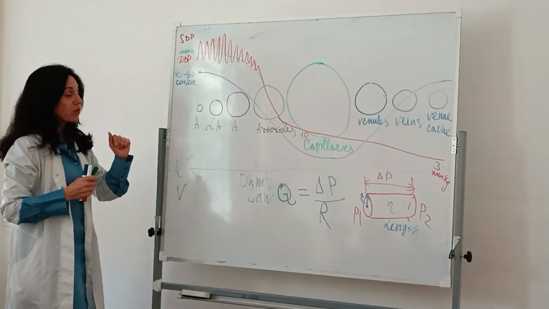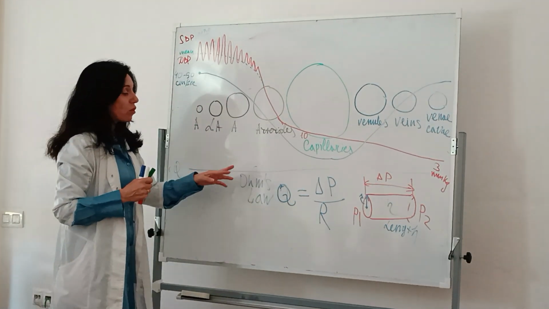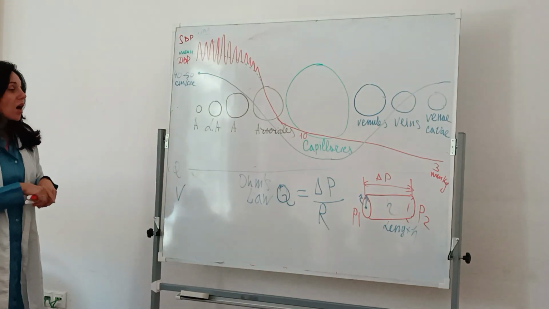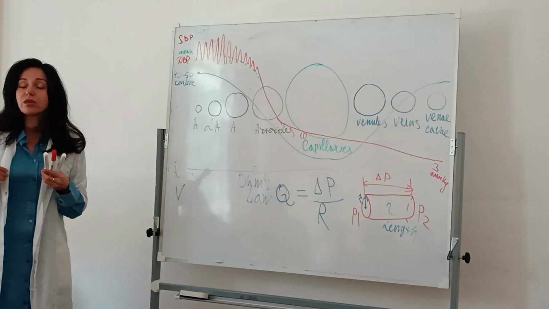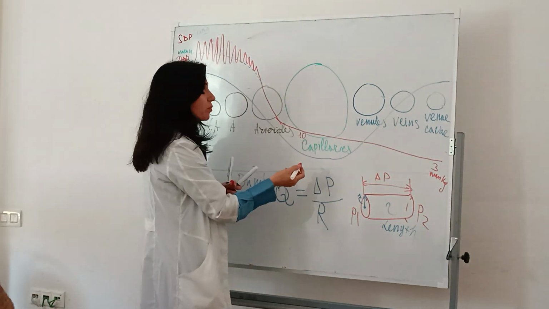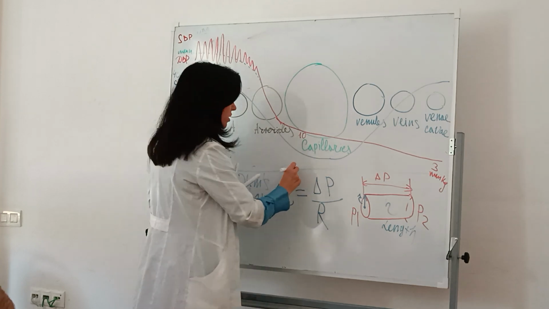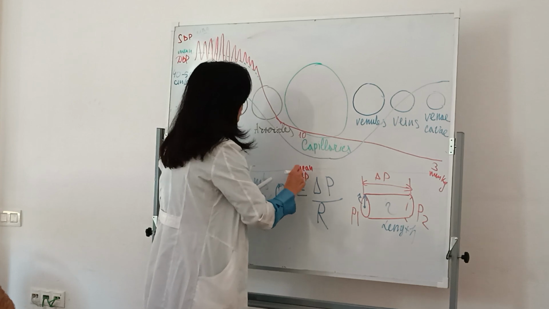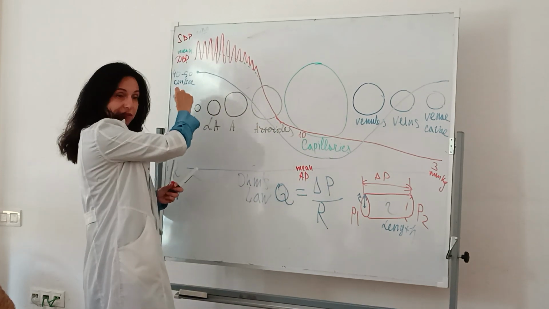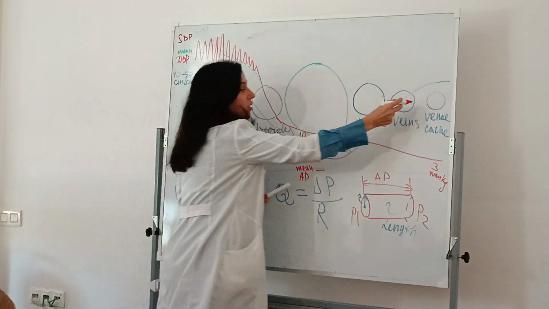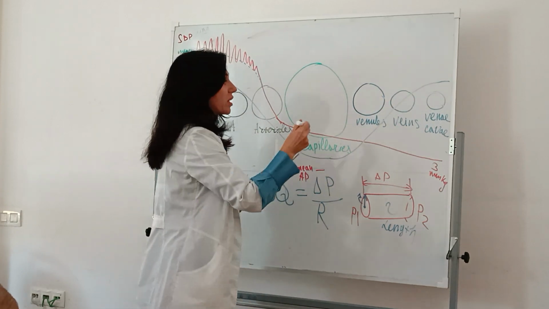So we have the conclusion that blood flow depends so much on the pressure gradient. What is the pressure gradient in the systemic circulation? Mean arterial pressure, the blood pressure here, minus the blood pressure here. What is the blood pressure at the end?